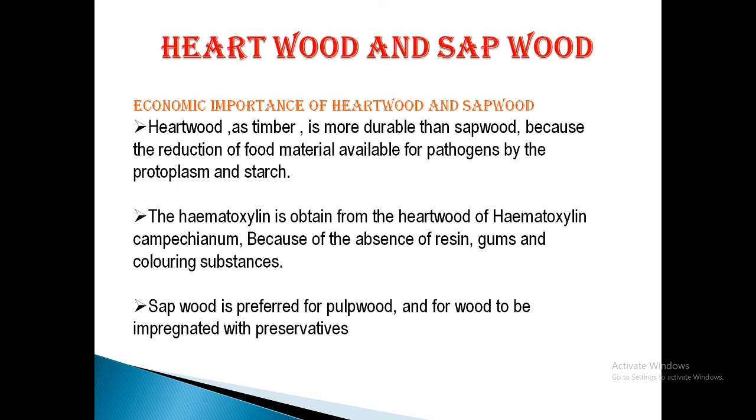Hematoxylin is obtained from the heartwood of Haematoxylon campechianum because of the presence of resin, gums and coloring substances.